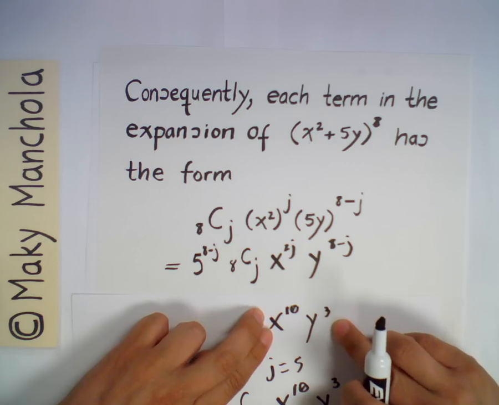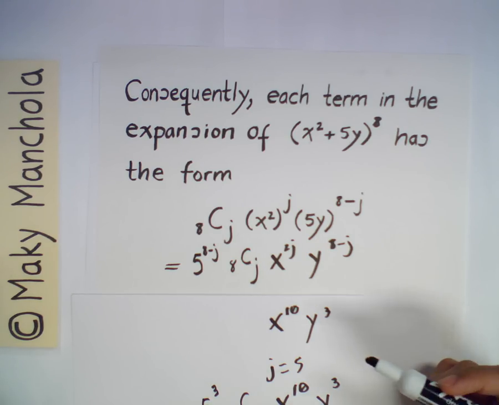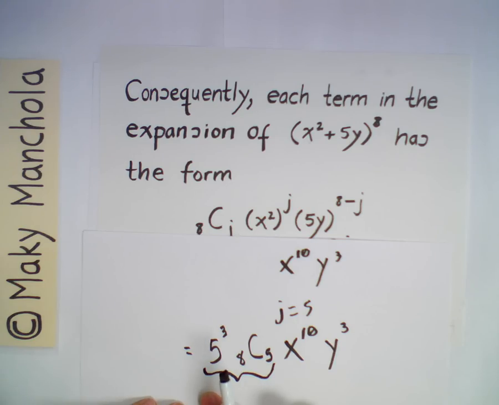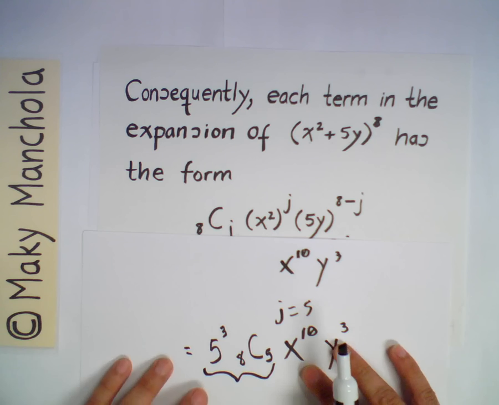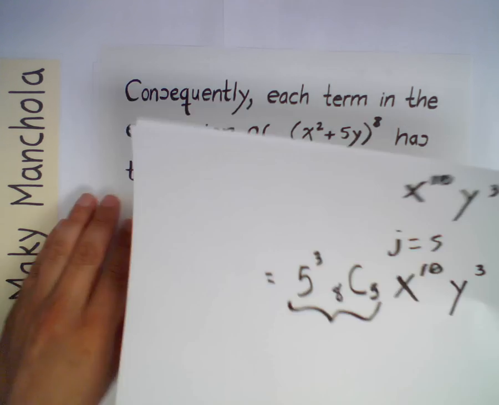We do need to say y to the third, because that's what the expansion produces. Now, to finish it up, you have to pinpoint that 5 to the third times 8 choose 5 will be the coefficient that you're looking for. And you finish the problem by actually doing the calculation.